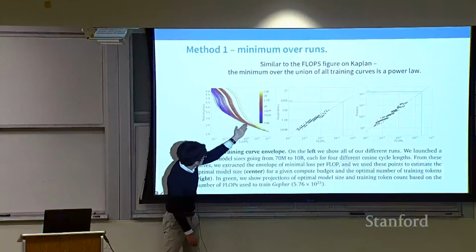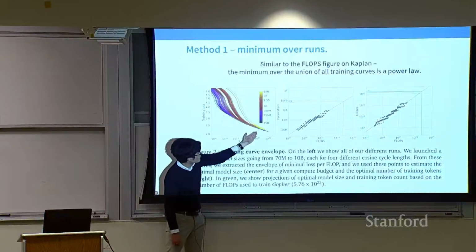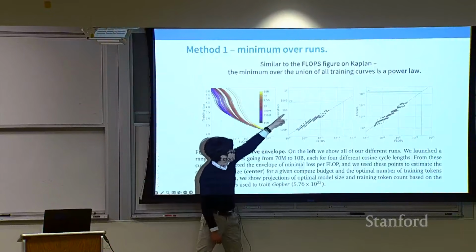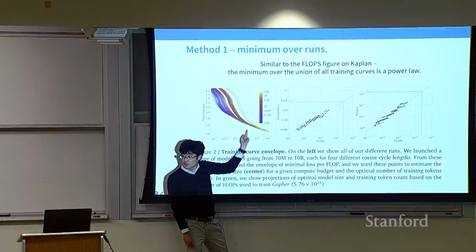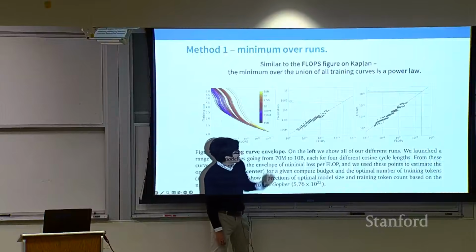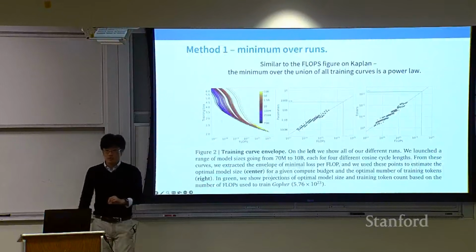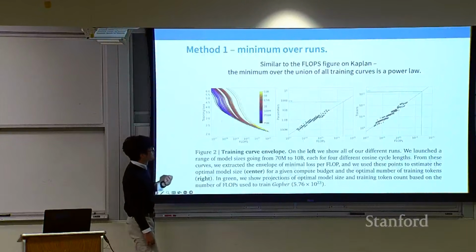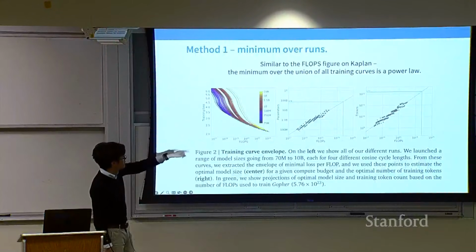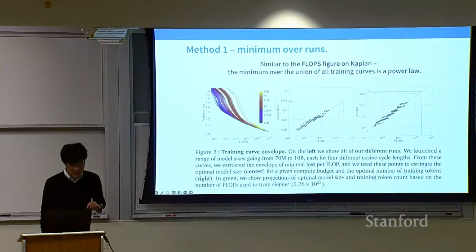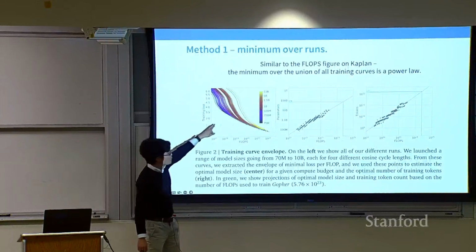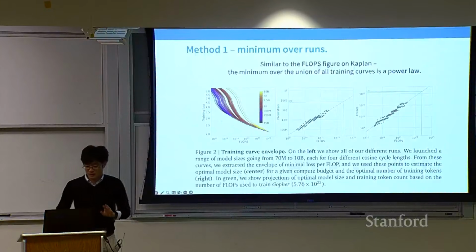So I can take all of the lower envelope points at the very bottom here in the high compute regime, and then I can plot all those points to see how big were the models that each of these flop points intersected, right? Because each of these points is a training run with a model size. And if I scatter plot that, I will get a nice linear trend, and that will give me one way of estimating the optimal trade-off between flops and parameters. And that gives one answer, which is that for their compute budget, they should train a 67 billion parameter model. Right? This is a nice and simple way, but it's very tricky defining things like what is the lower envelope, and so on and so forth. There are definitely some tricky parts.